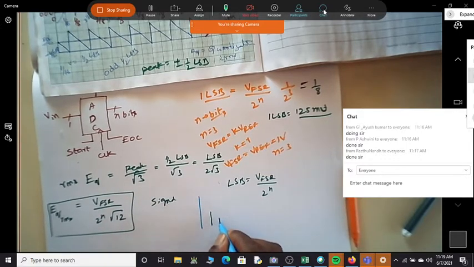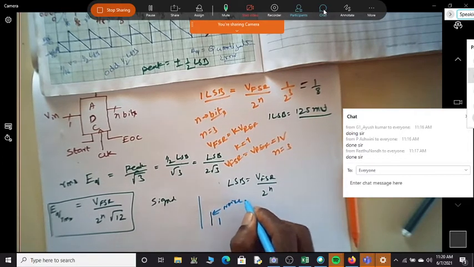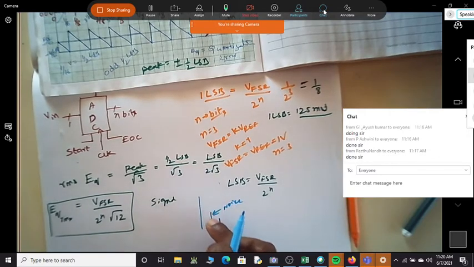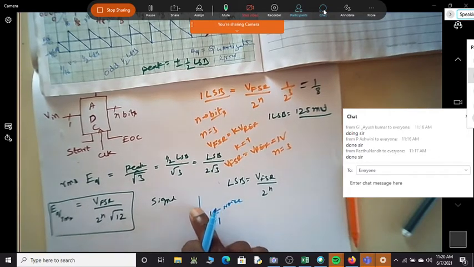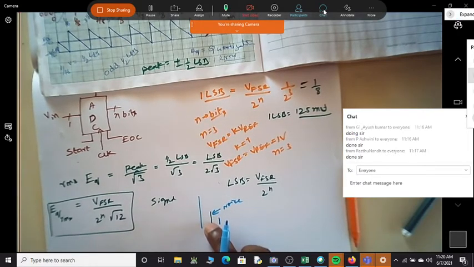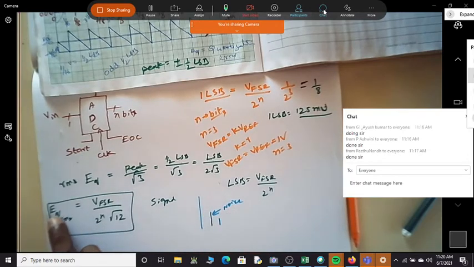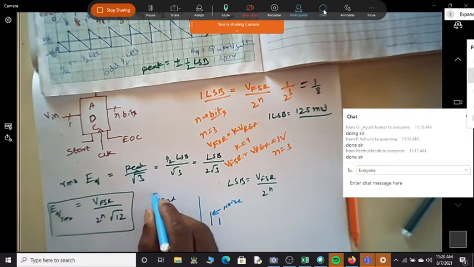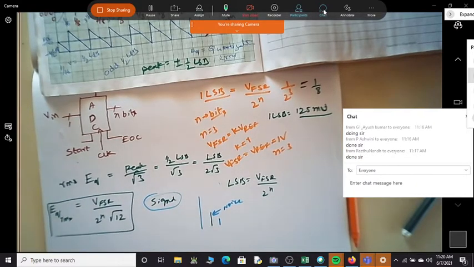Suppose the blue is smaller, then I can say green is more. Suppose this is my noise, then I can say noise is lesser than the signal, if the blue is signal. Now you can see this is signal, this is noise. Then I can say noise is more than the signal. So if I want to see whether this noise is too much or not, I need to always compare with the signal.